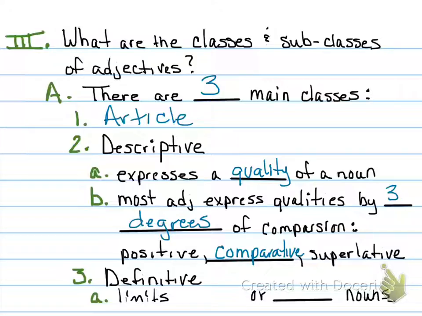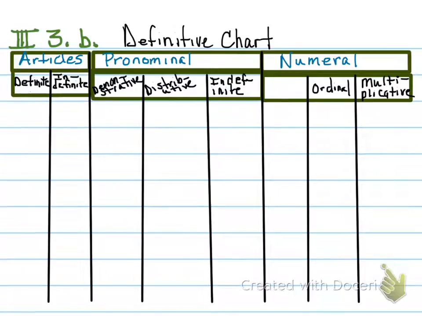and superlative degree. And then the third class, the definitive, remember it's defining it. It's limiting it or defining the noun, making it more specific to exactly what that noun is. So I just wanted to show you that definitive adjectives, those that narrow, of course have 3 broad categories that you can place and some subcategories underneath that.